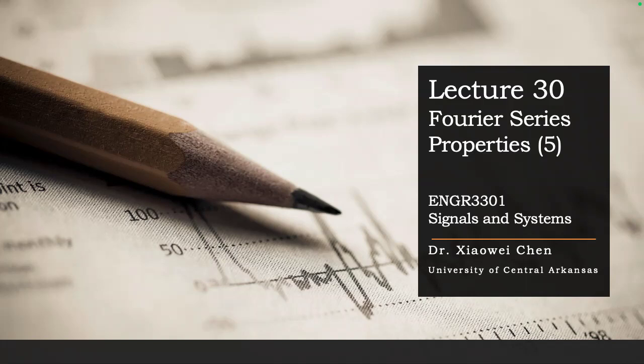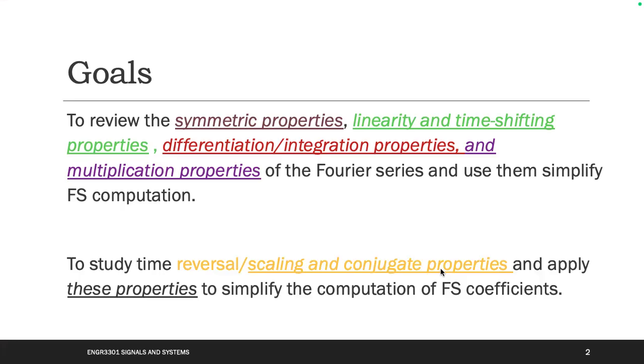Okay, let's continue to talk about the Fourier series property. This is another class for chapter 3. First, let's talk about the goal. We will quickly review the symmetric properties, linearity and time shifting properties, differentiation, integration properties, and the multiplication properties of FS, and use them to simplify FS computation.